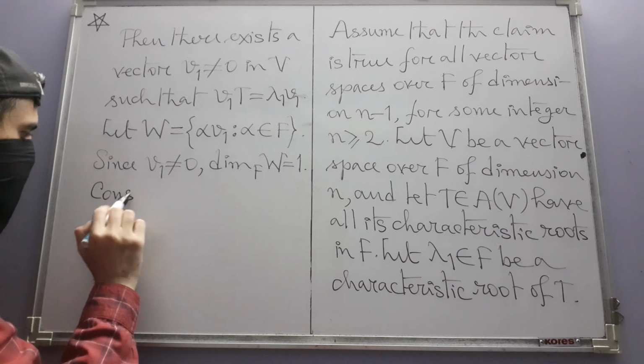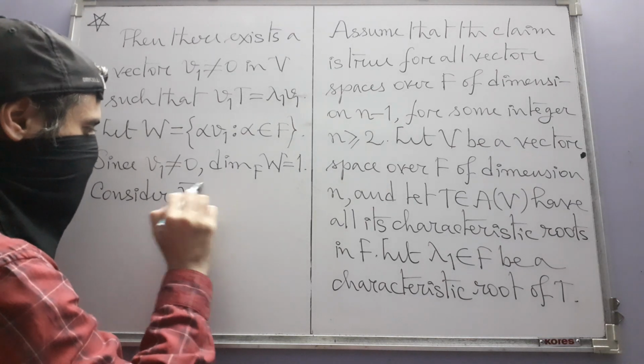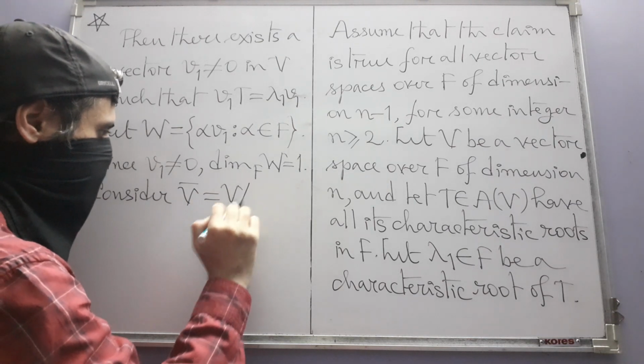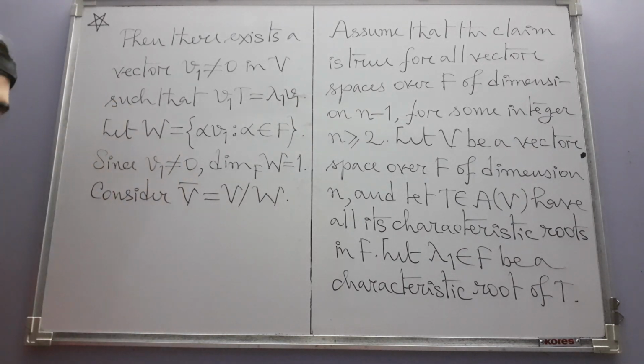Next, you consider the quotient space of V by this subspace W, and let us call that V bar.